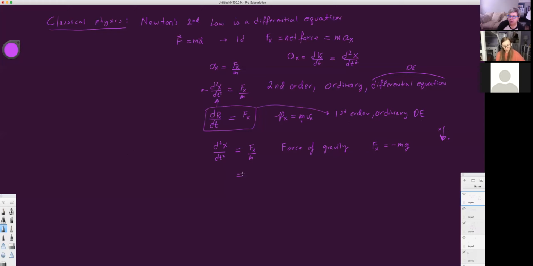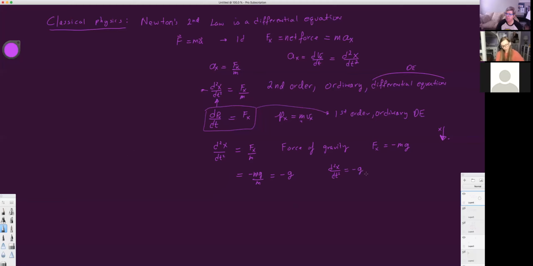And so here, this becomes minus mg over m, or minus g. Okay, so now our differential equation looks like d squared x dt squared is equal to minus g.